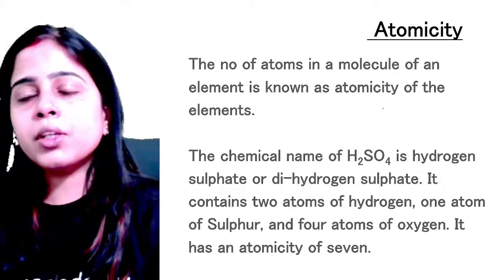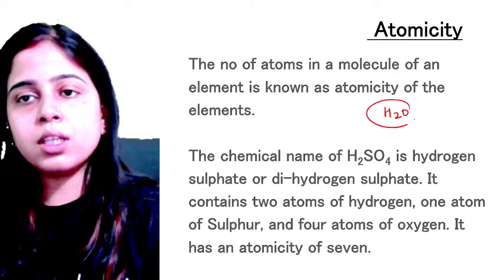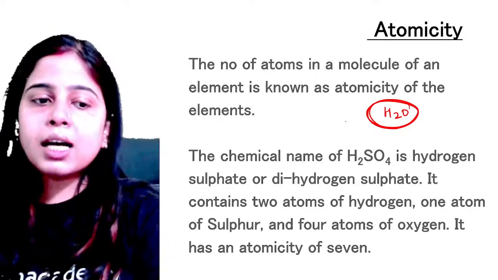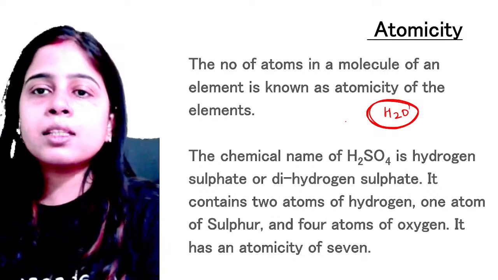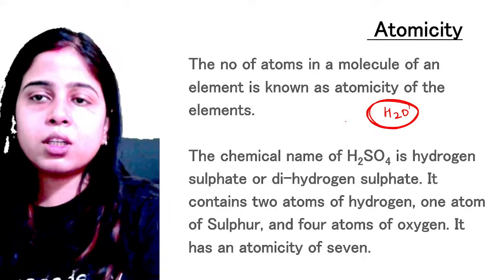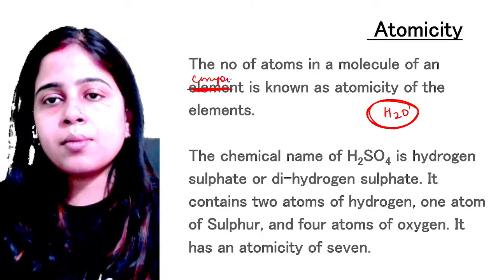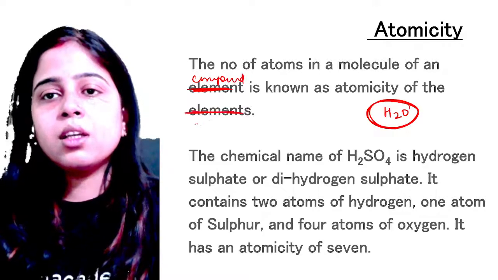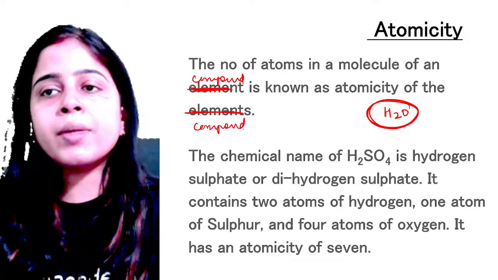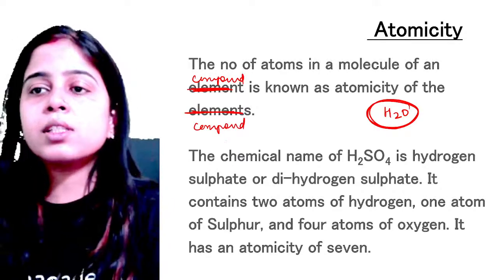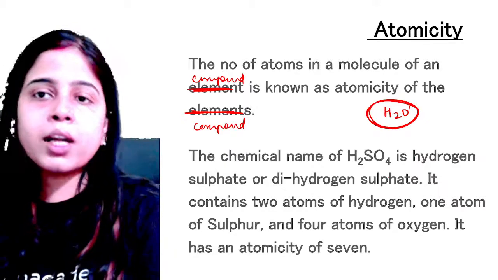So, for example, you have your water molecule. Now if I ask you how many atoms are present in this molecule of your water, or any compound, let's say, not element, compound. Okay. So if I ask you how many atoms are present in this, you will say, ma'am, 2 atoms of hydrogen and 1 atom of oxygen.